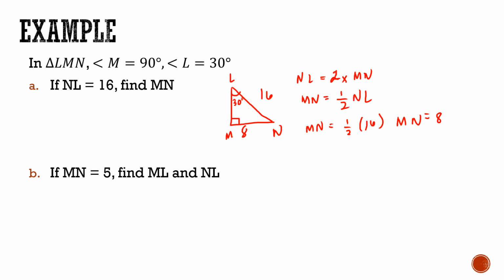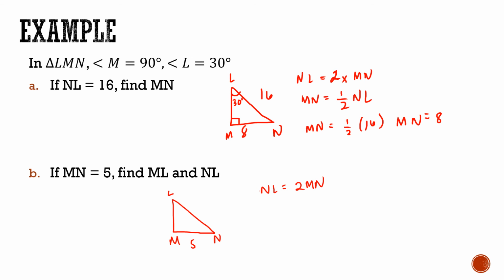So what if your MN is 5? Find ML and NL. Let's say this is your L, M, N. So your MN is 5, and I want to find LM and NL. To find the hypotenuse, NL is equal to 2 times the MN.